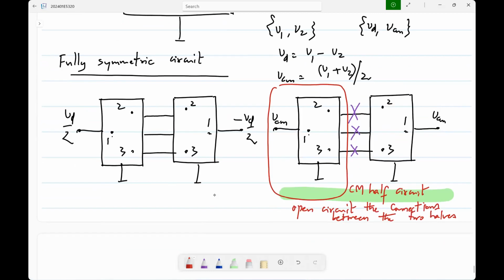Okay. There's one more way to think about it. The two sides are the same, so you can just flip them on top of each other and basically you double all the components. That will give you the same voltage solutions. The currents will be double, but we'll just call this the common mode half circuit, just as a matter of convention. Okay.